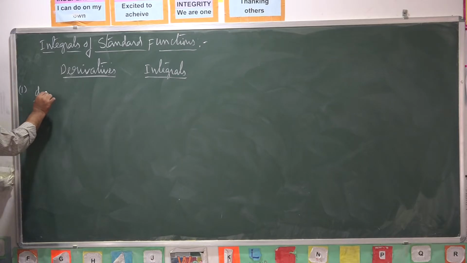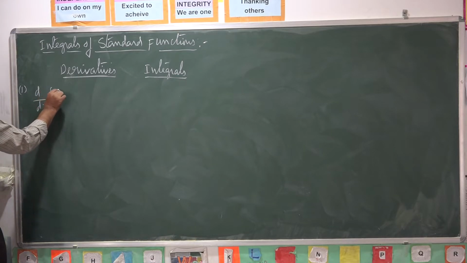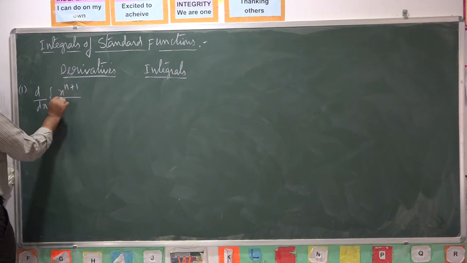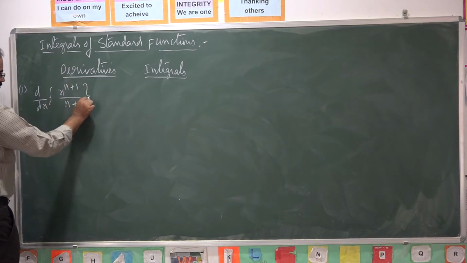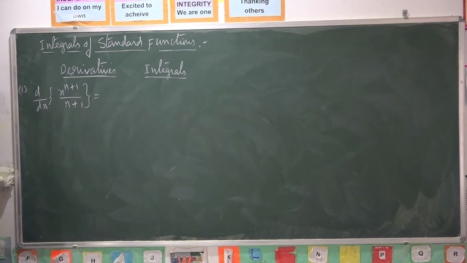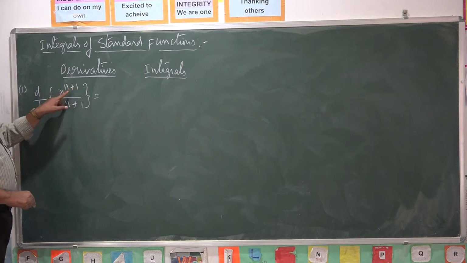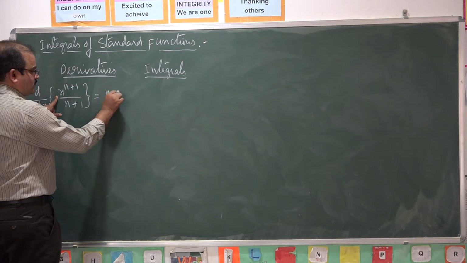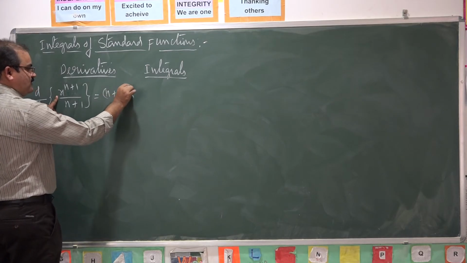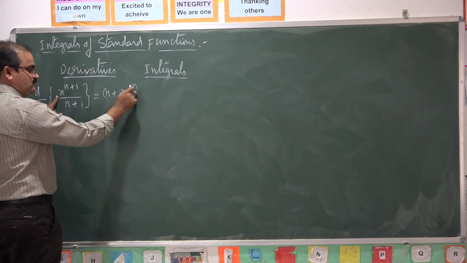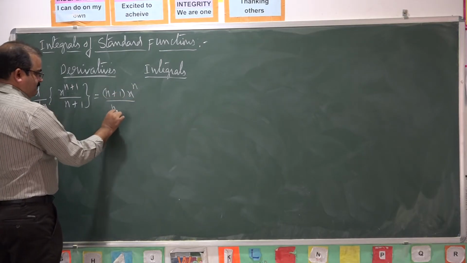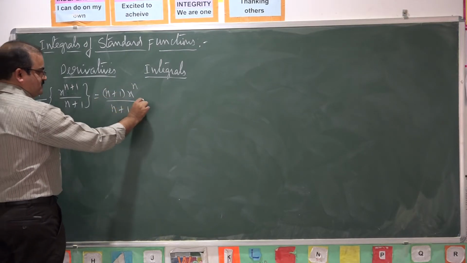First, d by dx of x power n plus 1 by n plus 1 is equal to, see here, d by dx of x power n is n into x power n minus 1. d by dx of x power n plus 1 is n plus 1 into x to the power of n plus 1 minus 1, that is x power n by n plus 1. n plus 1 gets cancelled.